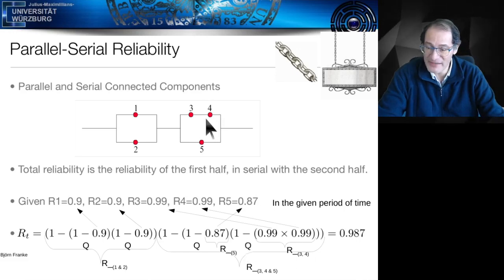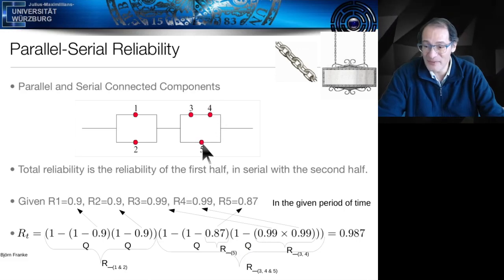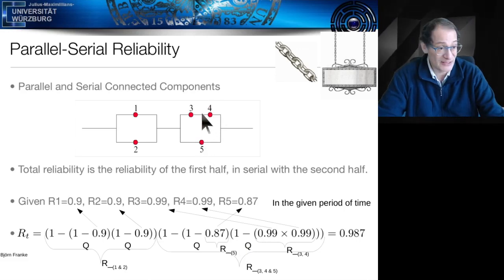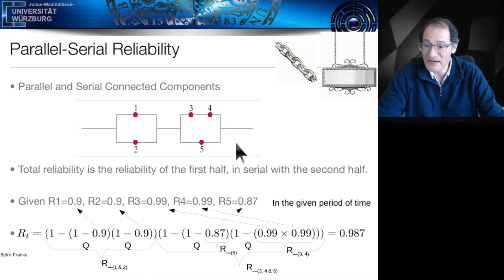And this is the probability this is going to fail. And then we want the reliability of both. First we have the probability of failure here, and we have the probability of failure here. Then the probability of failure of this part is this multiplied by this, Q from this part multiplied by Q from this other part.